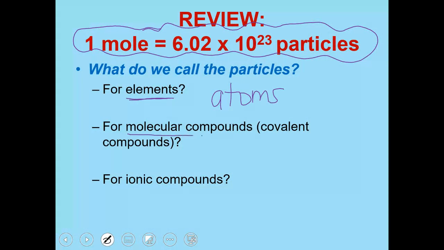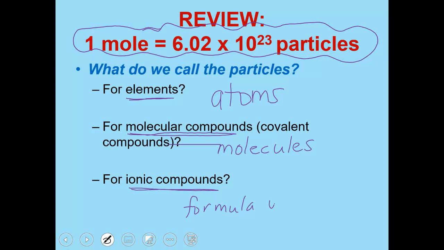If that something is a molecular compound, like carbon dioxide, then we call the particles molecules. And if that something is an ionic compound, like salt, then we call the particles formula units.